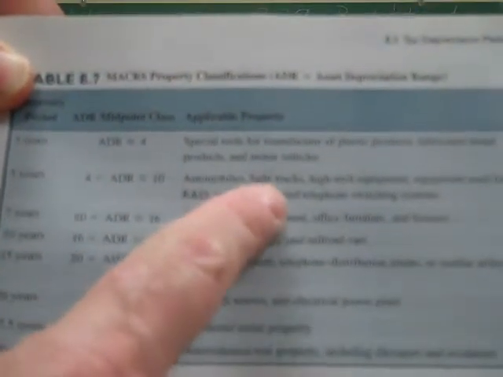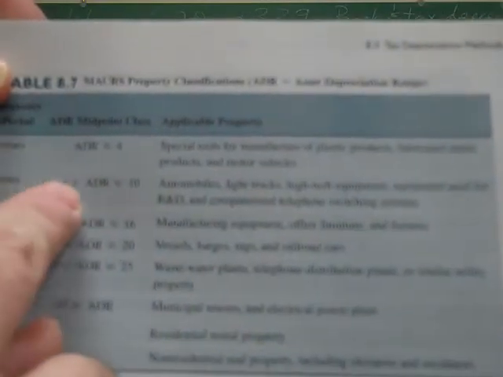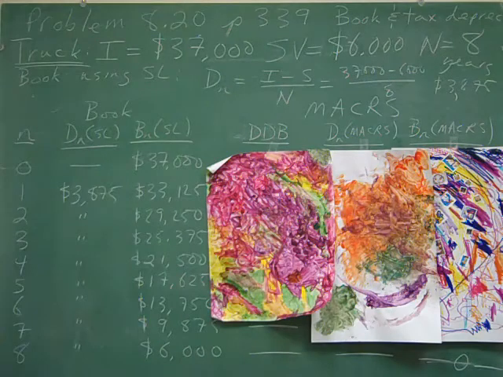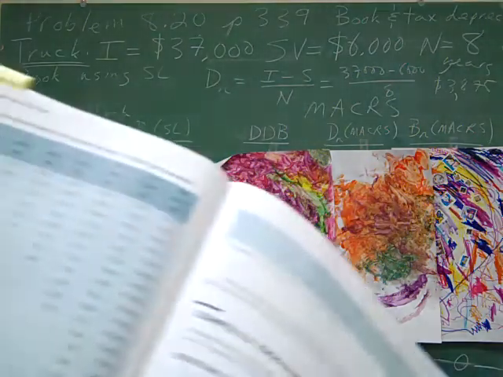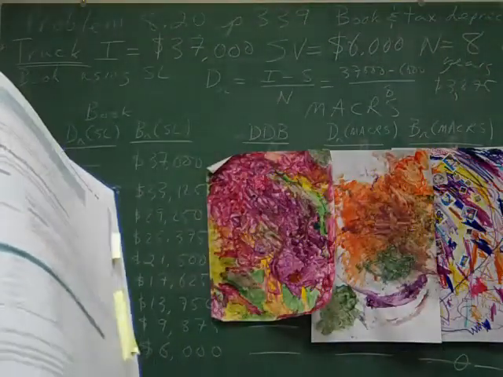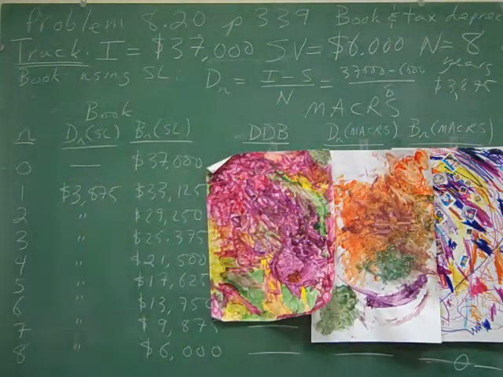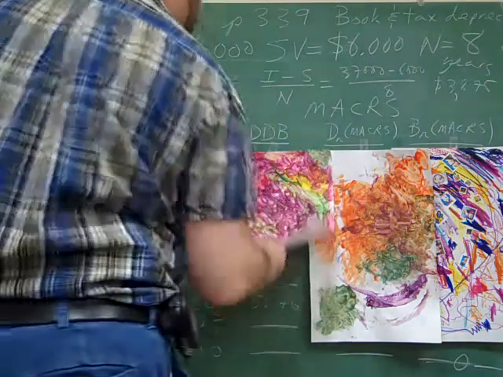You can see that we have under 5 years light trucks. So that is the applicable property that we categorize under, and then you would see on the next page, 318, table 8.8, that we have the double declining balance method that is being utilized, and we have a bunch of values here saying this is the amount that we will depreciate by, period. That's how the IRS likes to operate.